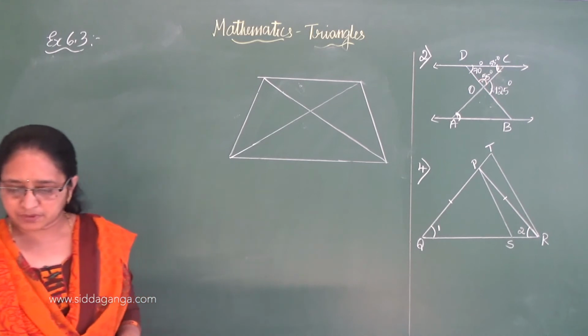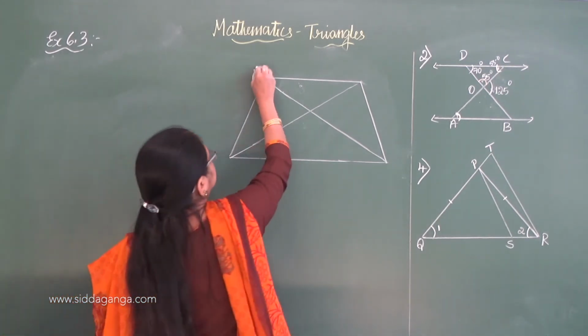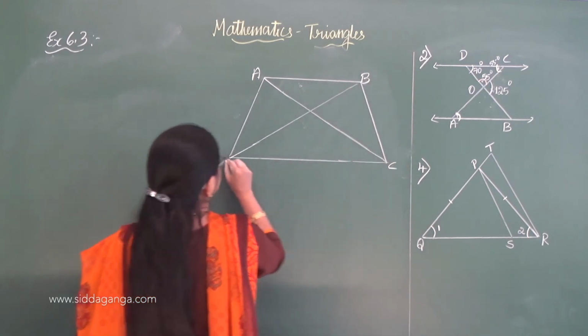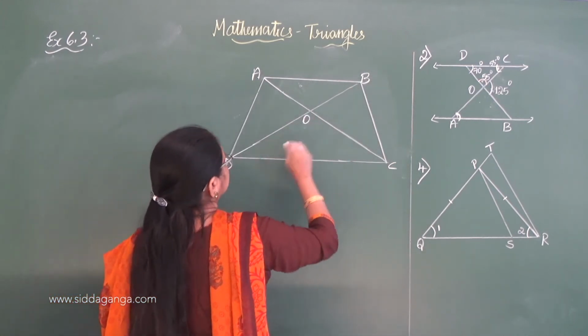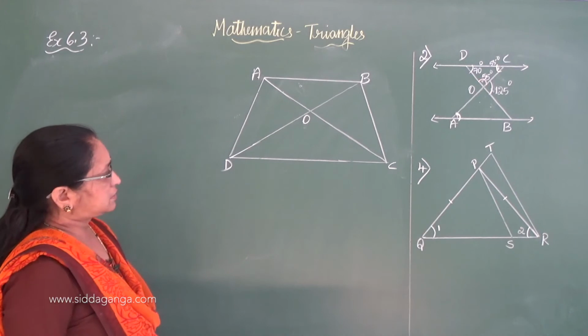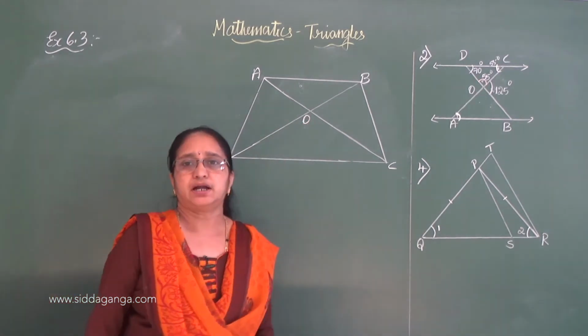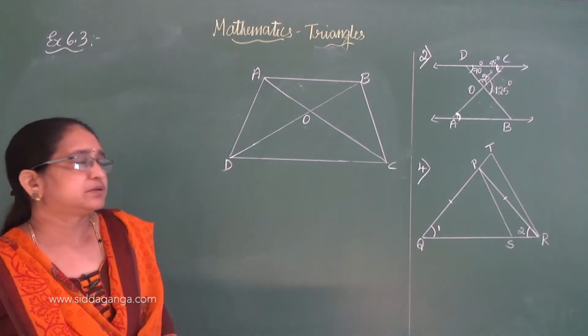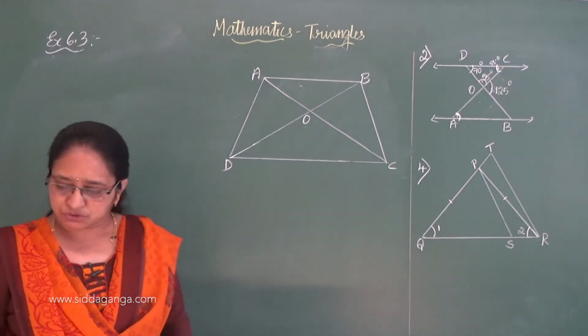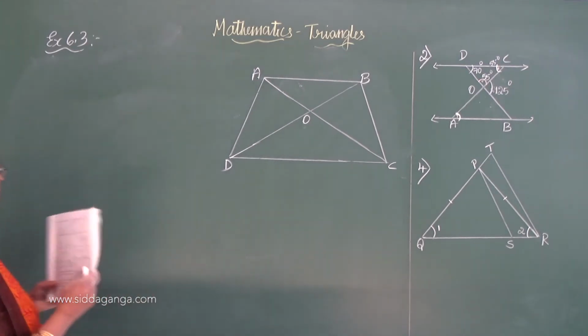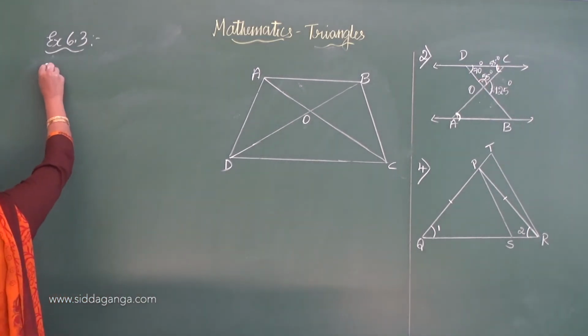Now ABCD is a trapezium and diagonals AC and BD intersect at O. So, what is given? Third one.